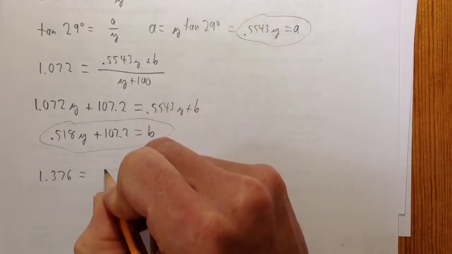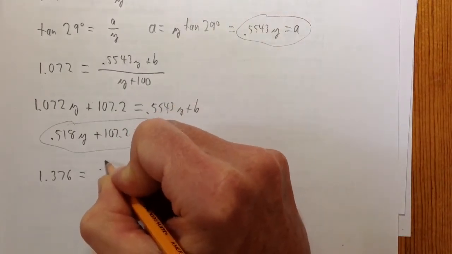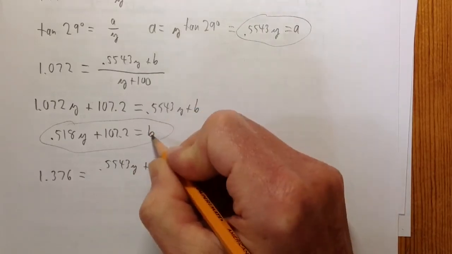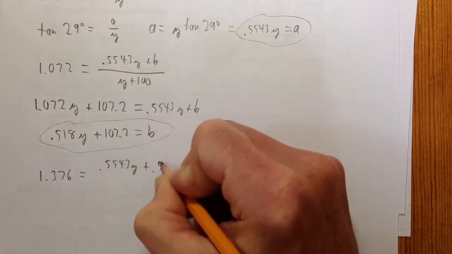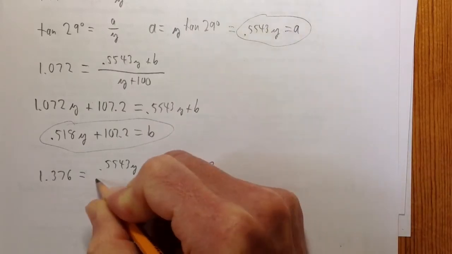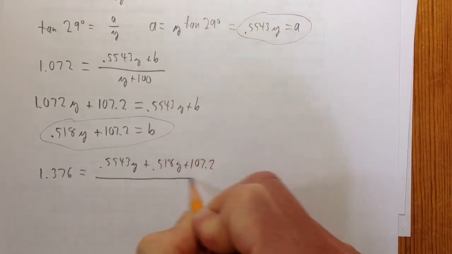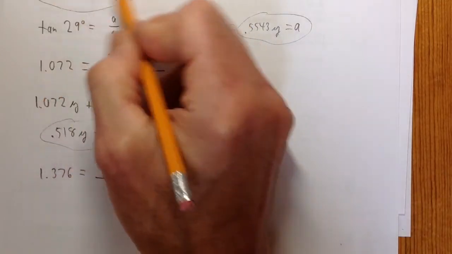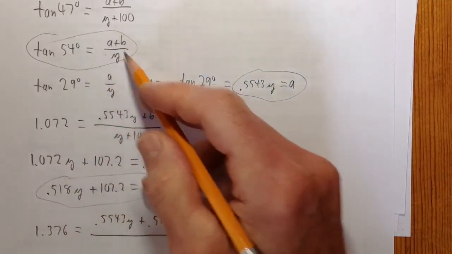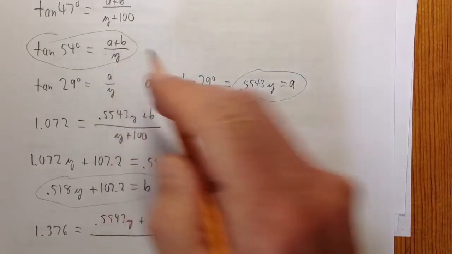A is 0.5543y, and b is 0.518y plus 107.2, all divided by y.